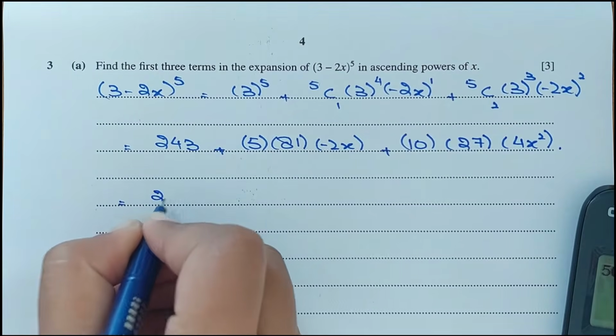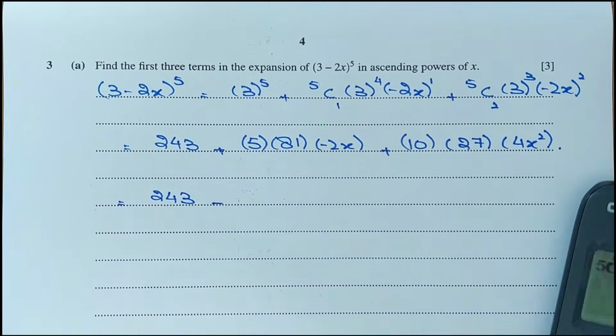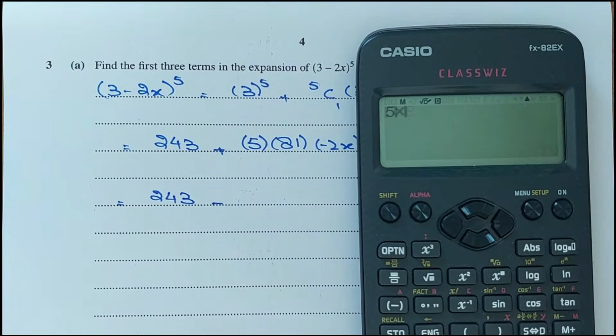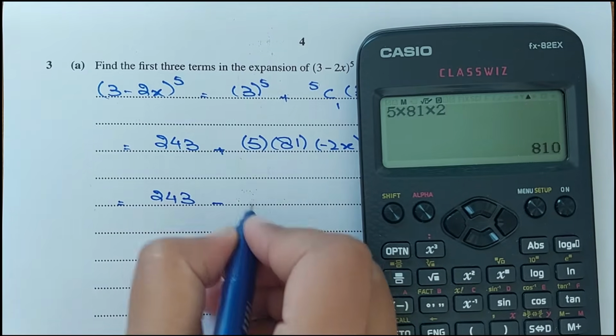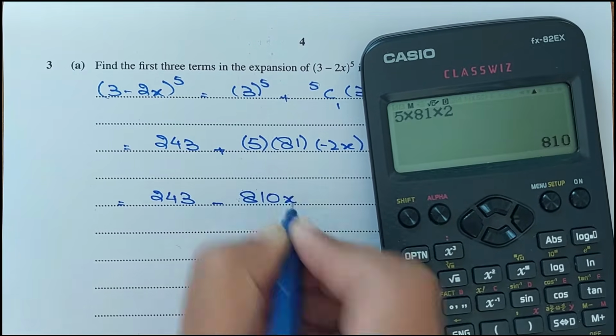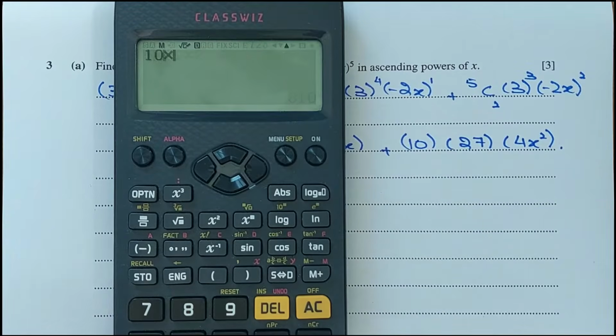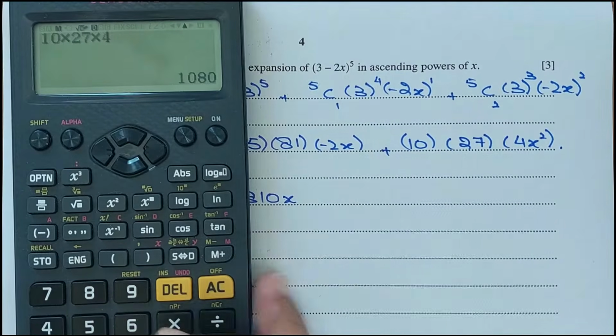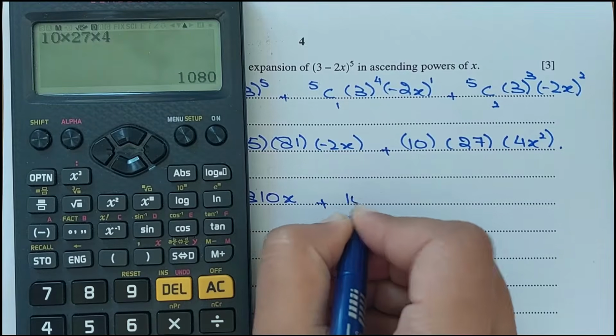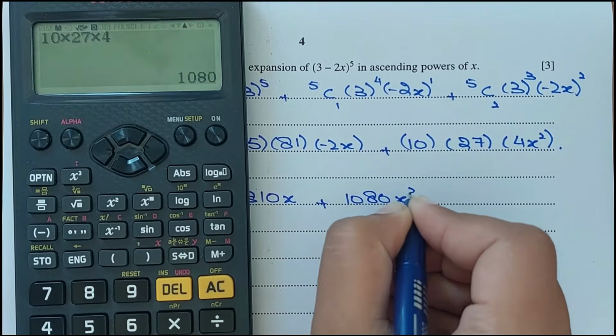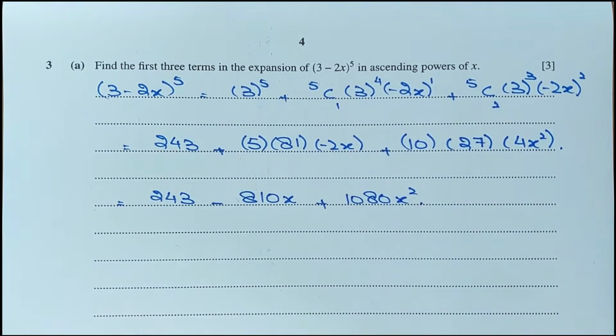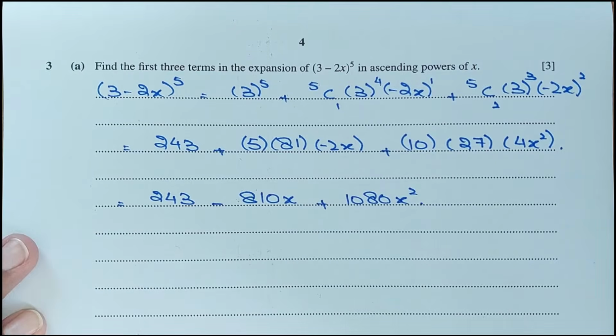So this is 243 minus 5 times 81 times 2, which is 810 x, and 10 times 27 times 4, which is 1080 x square. These are the first three terms in the ascending powers of x, right?